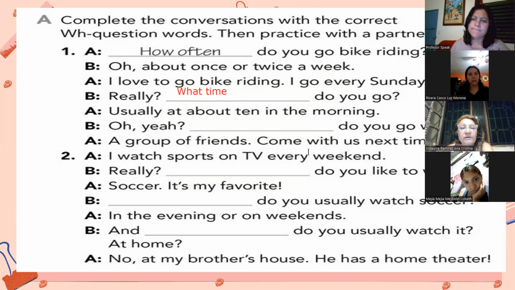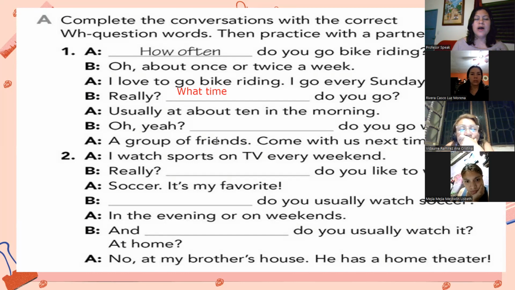It is a group of friends. So what do you use for people? For a person, what do you use?